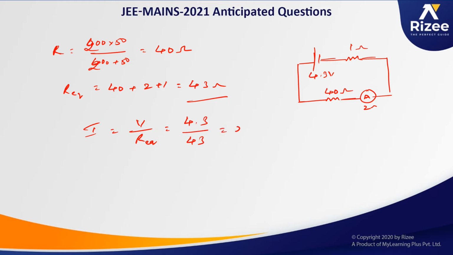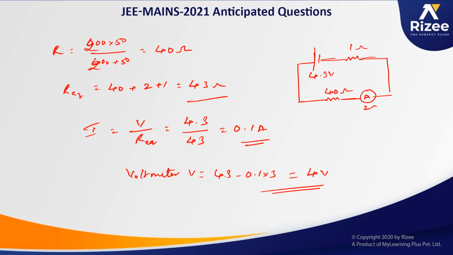This comes out to be 0.1 amp. Then the voltmeter reading V is equal to 4.3 minus 0.1 into 3, so that should be equal to 4 volts. Fine, so this should be your answer.